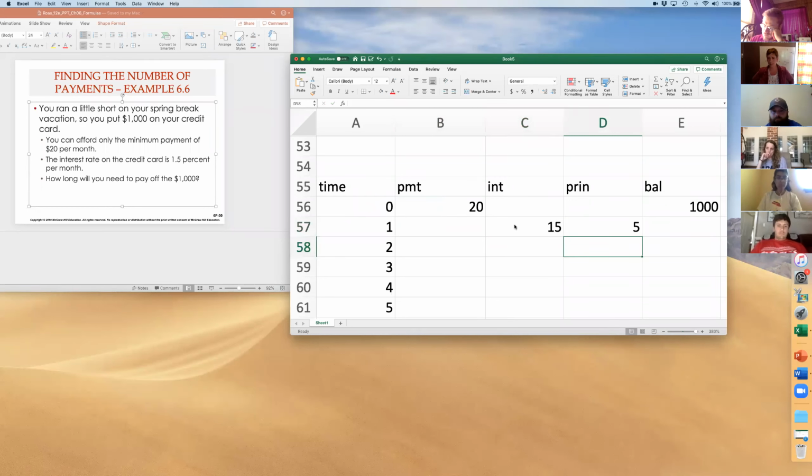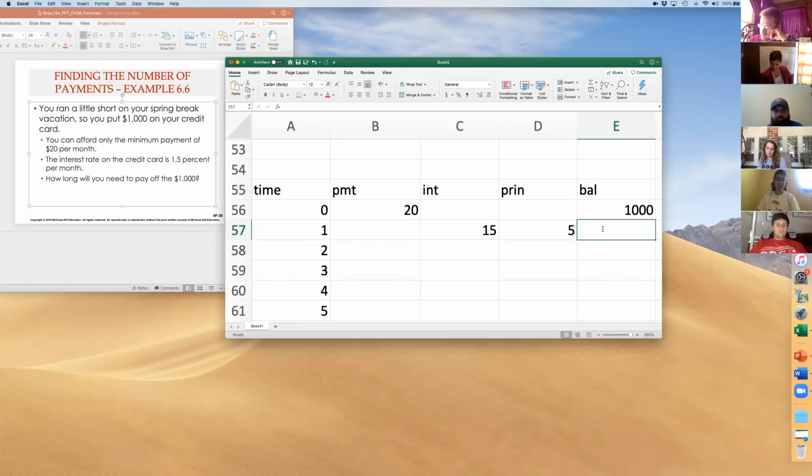Every month you're basically paying off one beer that you might have had on spring break. So that first month, if I'm just making the minimum payment, my balance is going to decline, but very, very slightly. I'll have a balance of $995.